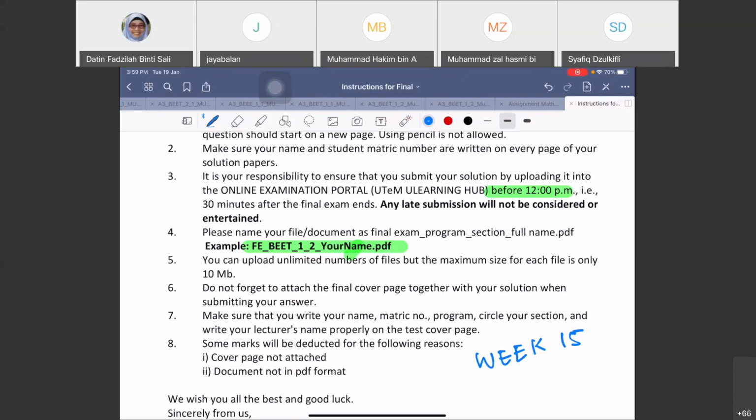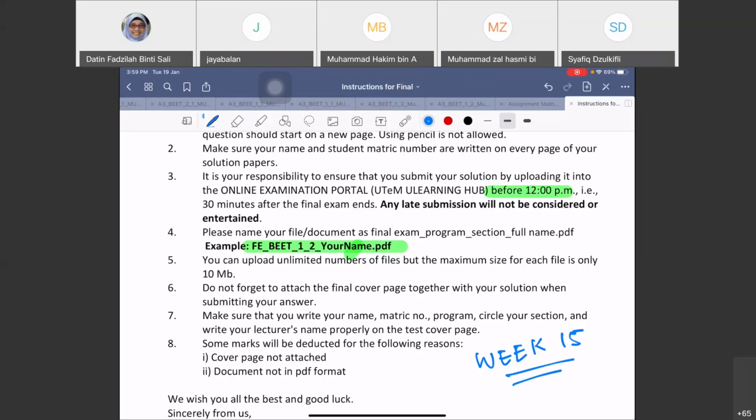The weeks prepared by the PSTP department only go until week 14, but since this week is week 15, I had to add another week, so that's why there is no logo.